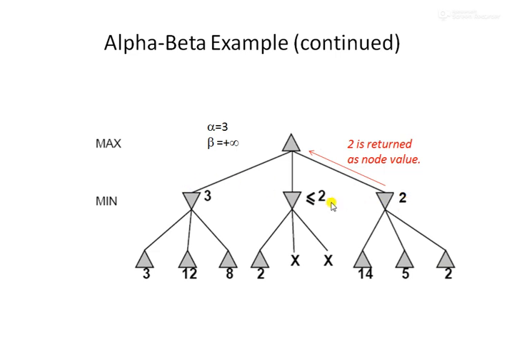So for all the children of max, 3, 2 and 2, which value is max going to pick up? 3 will be picked up. So the max value here will be 3, that means the search goes on in this direction. And here we can observe that 2 branches of the tree are cut down using alpha beta pruning.